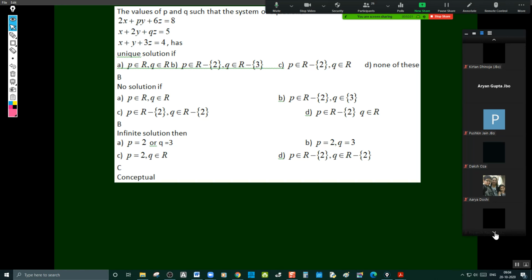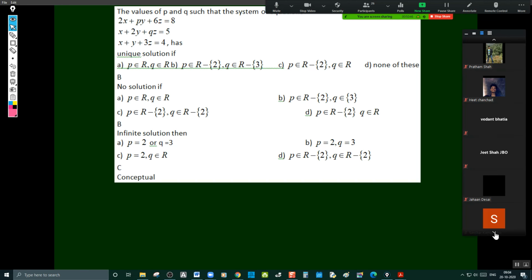Daksh is there. Yes, sir. क्या कर रहा है बेटा? कुछ नहीं. कौन सा स्थिति में है आप? ध्यान दे रहा हूँ सर. आर्यन, प्रथम शाह.